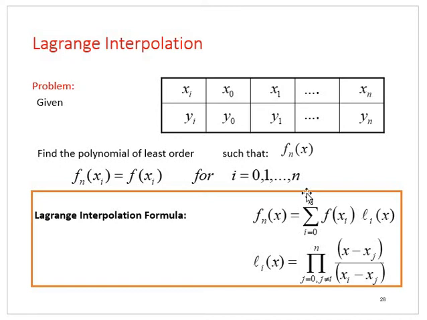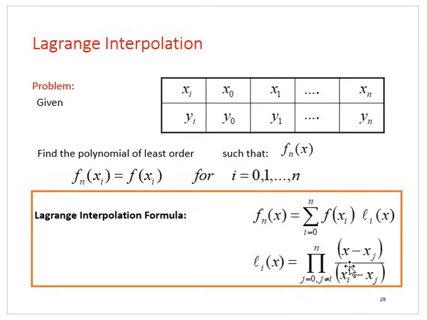i equals 0 up to n of f of xi times Li of x, where Li of x is given as the product over j not equal to i, up to n, of (x minus xj) over (xi minus xj).